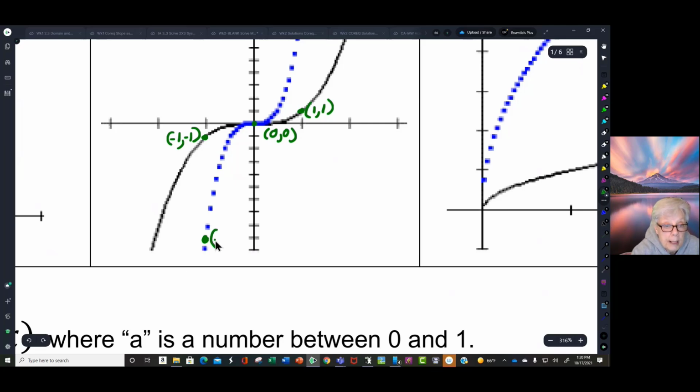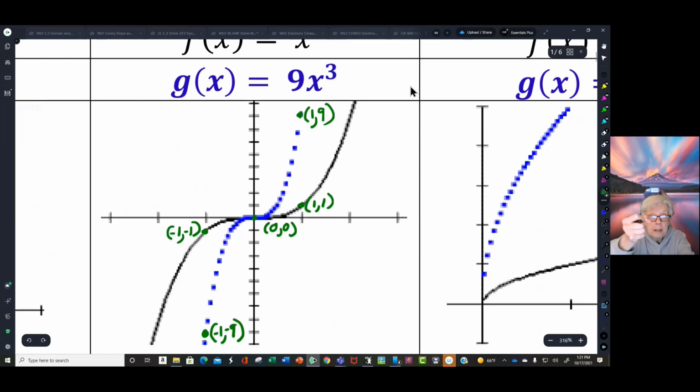So this now is the point -1, -9. Imagine the black graph being pulled at both ends. That's going to make it closer to the y-axis because you're pulling on both ends.